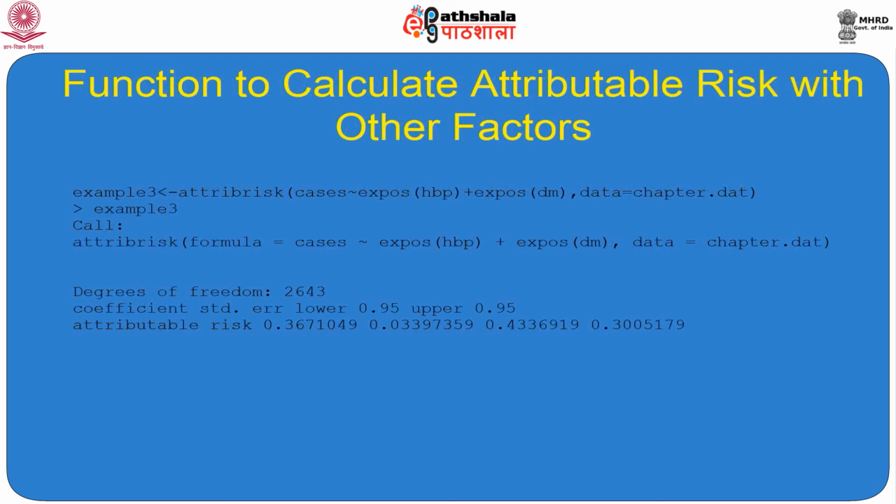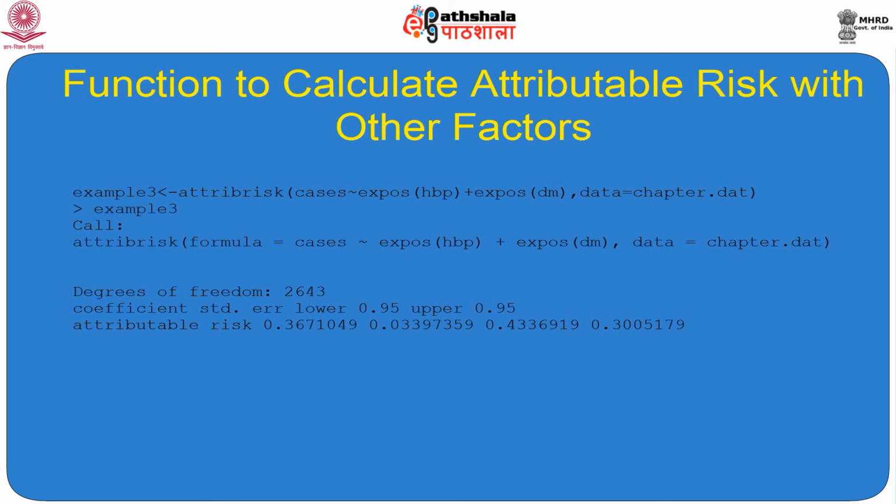Now another variable we are considering: HBP and DM, high blood pressure and diabetes mellitus, are considered here, and this is assigned as example 3.